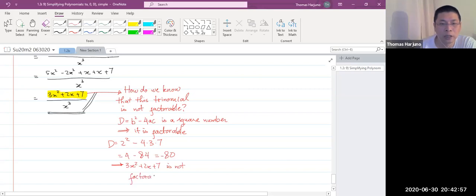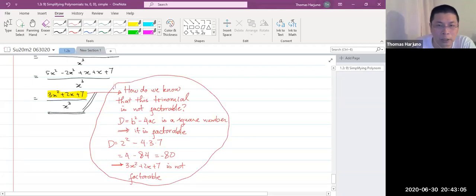Of course, in my test or quiz, you don't need to give this long explanation. If it is factorable, then you factor it. If it is not factorable, you just leave it like that.